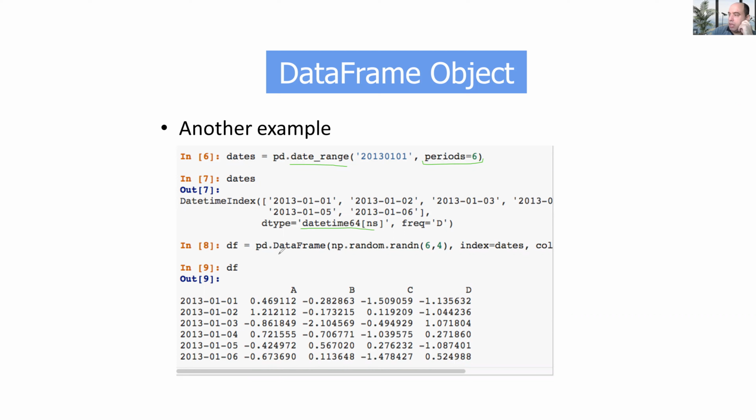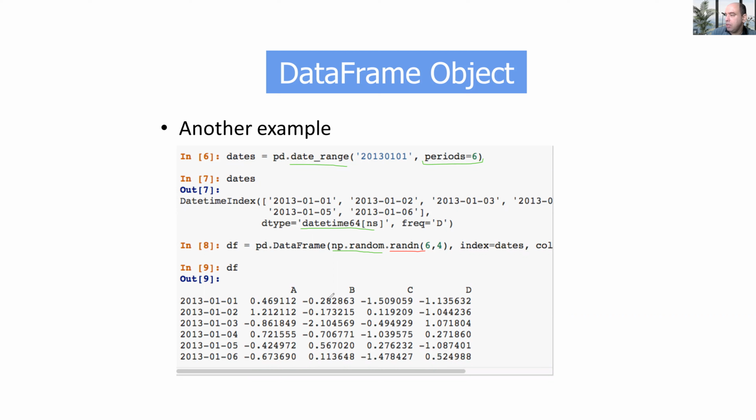Okay, and now what we want to do is, again, we use the random method from numpy, but this time, instead of random integers, I want to have random floating point numbers. So instead of randint, I use randn, which is normal distribution.